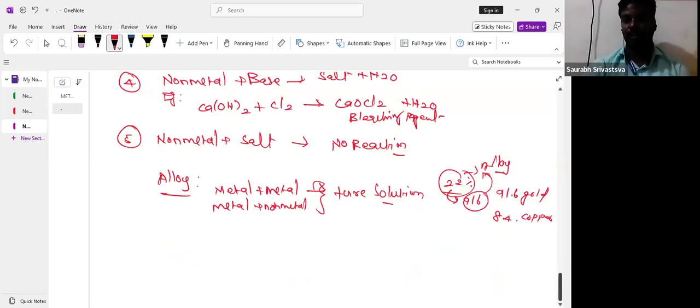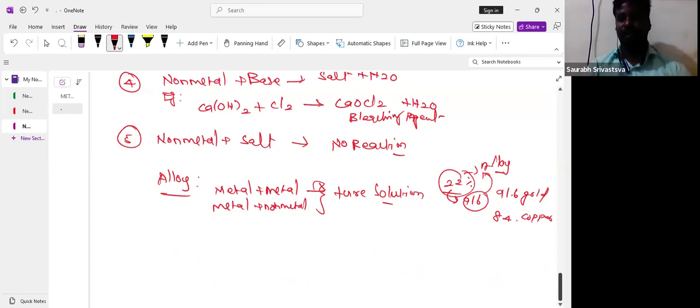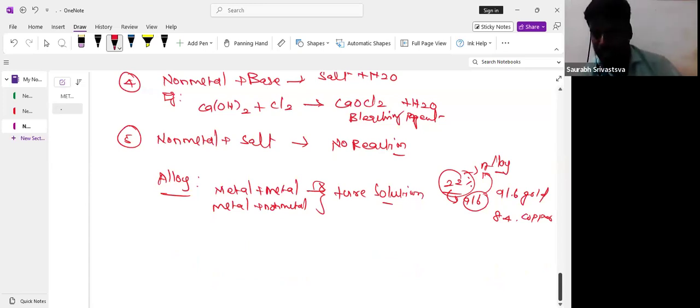One metal you are mixing with the other metal. It's the alloy. Sir, it's 22 parts of gold and 2 parts of copper. We can say 22 parts of the gold, or otherwise 916 hallmark. 916 hallmark means 22 karat gold only.